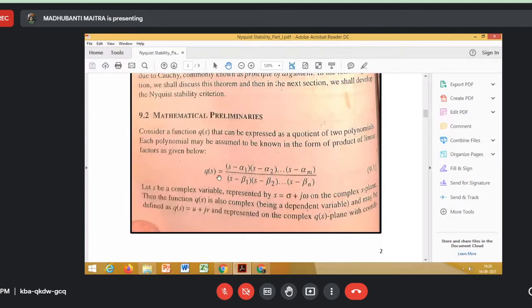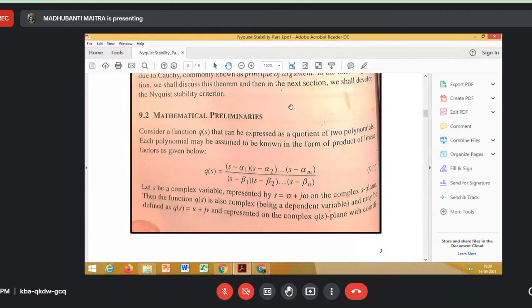Fine. So we do have a plane which is our S plane. We are familiar with that plane, and the axes are labeled as sigma and j omega.